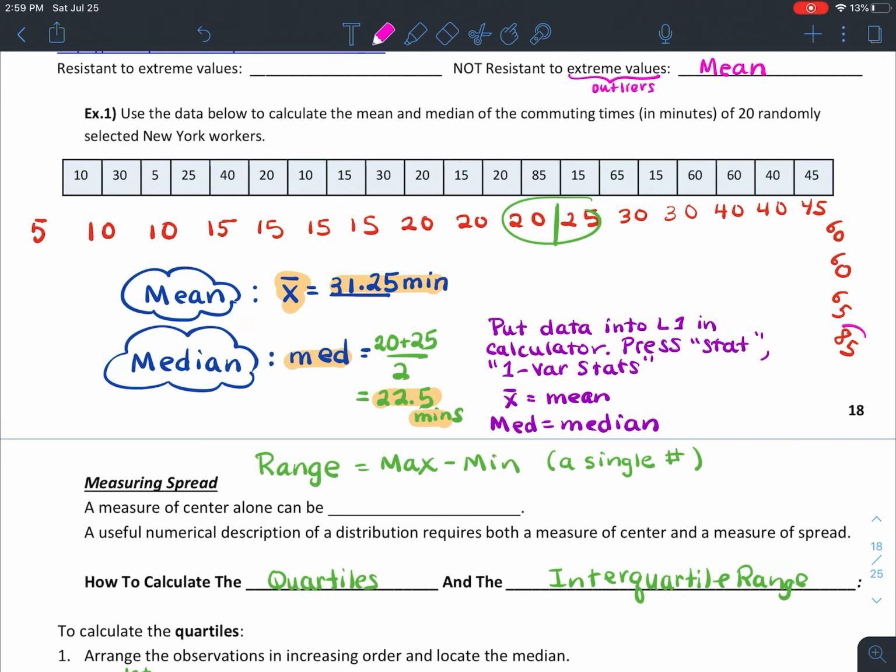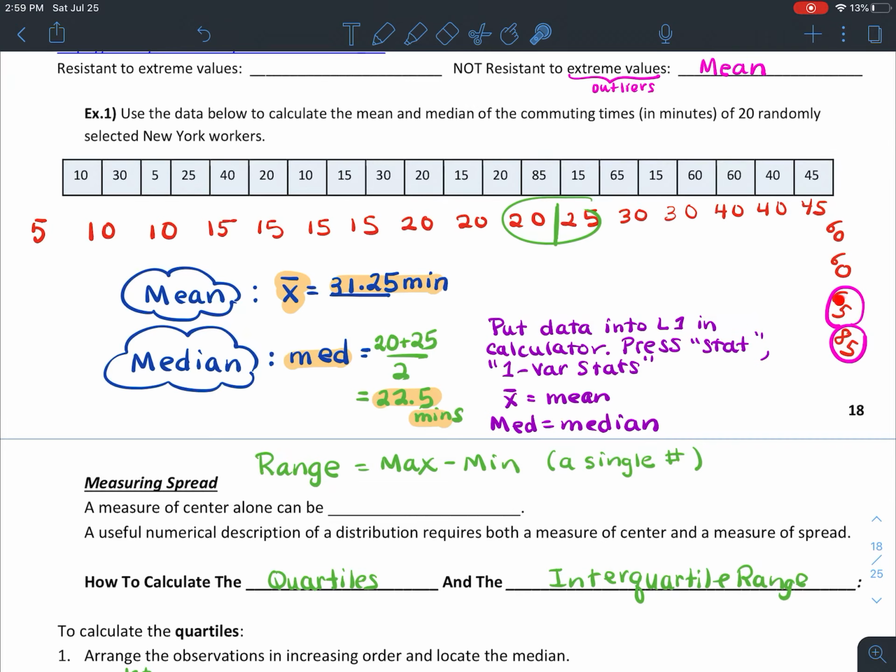It will change dramatically. If I were to remove a few of these higher numbers and then recalculate the mean, you're going to notice it's not going to be quite as high as what we have here. Now the median, think about this, the median is not really influenced very much by outliers.